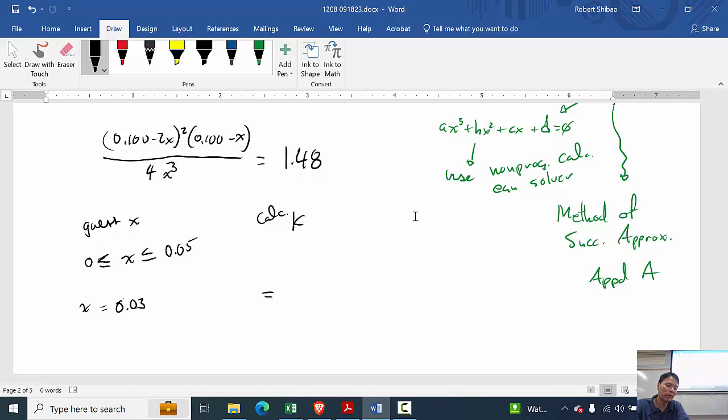So times 0.07 divided by 4 divided by 0.03 squared. 1.633. It's a little bit high. Our target is 1.48.